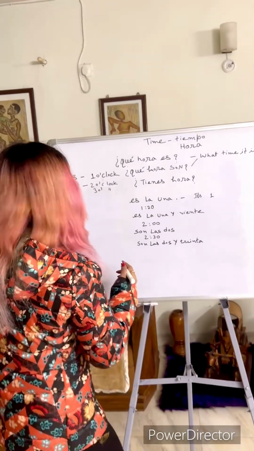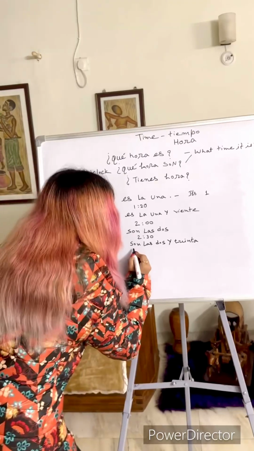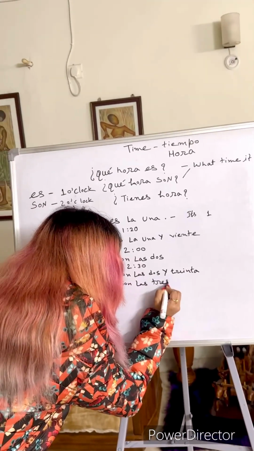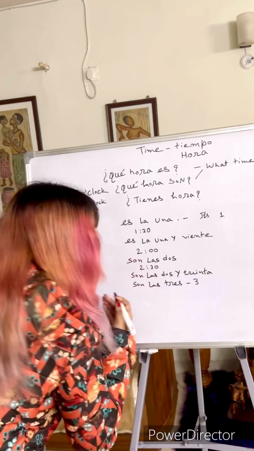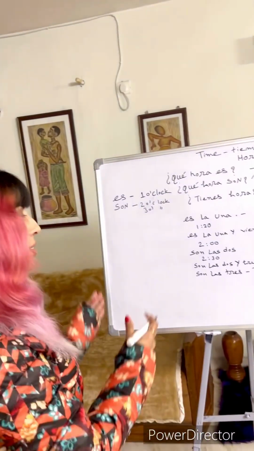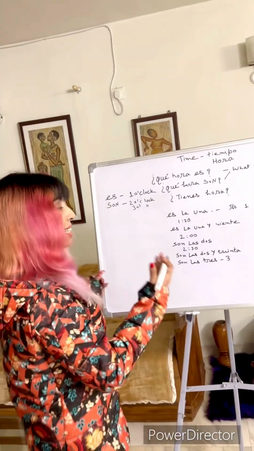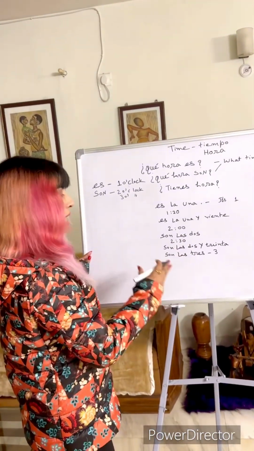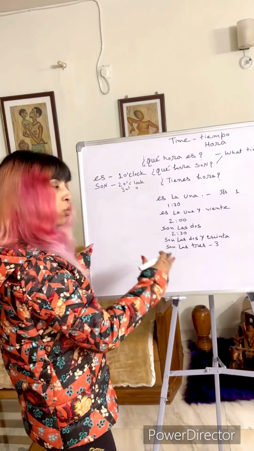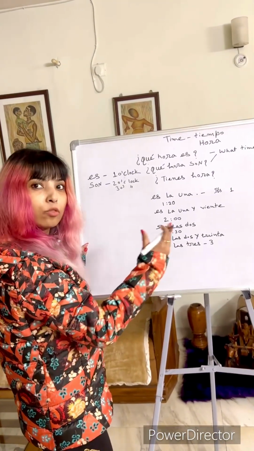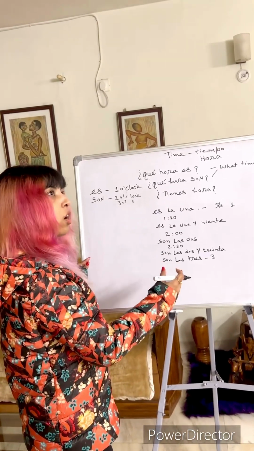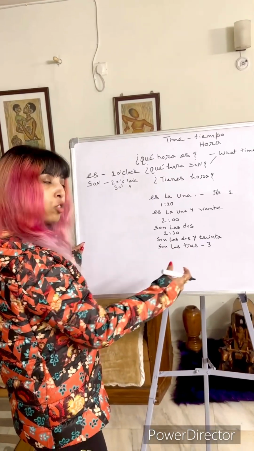And similarly it would be son las tres for 3, son las cuatro for 4, son las cinco for 5, son las seis for 6, son las siete for 7, son las ocho for 8, son las nueve for 9, son las diez for 10, son las once for 11, son las doce for 12.